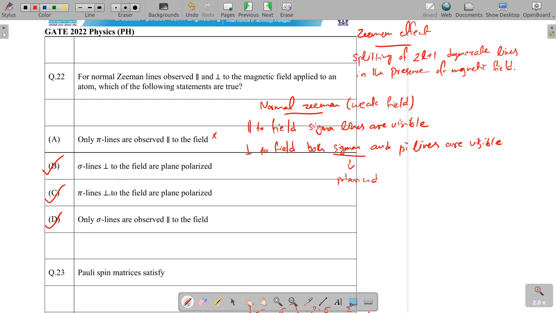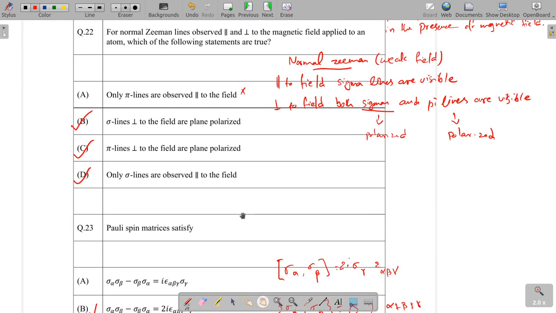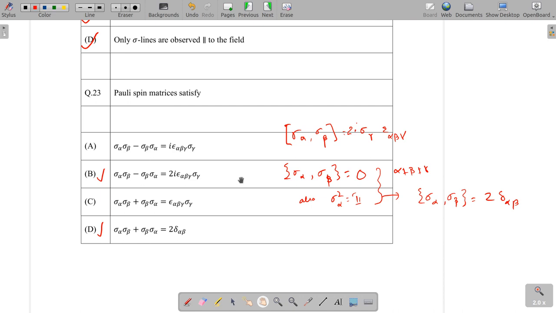And pi lines perpendicular to the field are plane polarized. So all the lines perpendicular to the field are polarized. Only sigma lines are visible parallel to the field. This is true. So these three are the right answers. It's an easy question, a basic question you should already know.